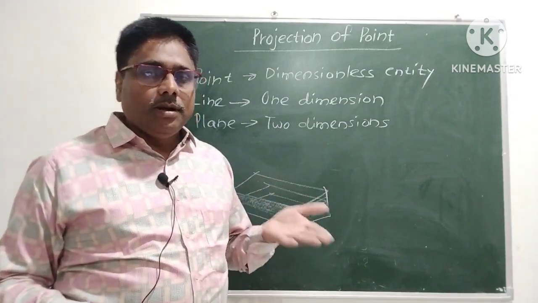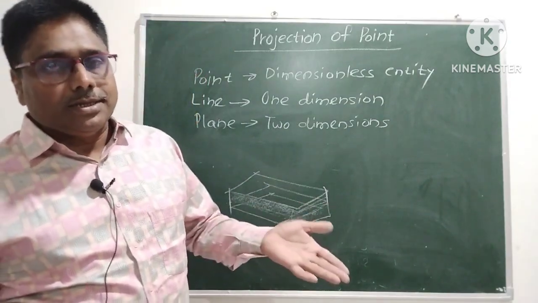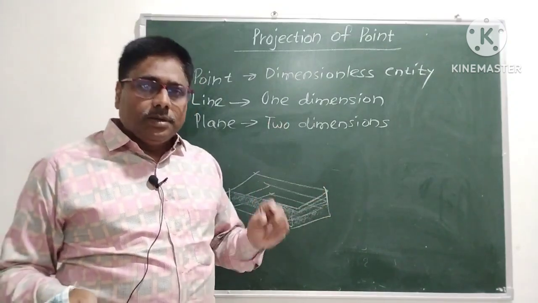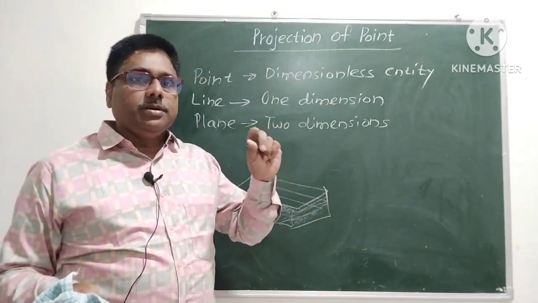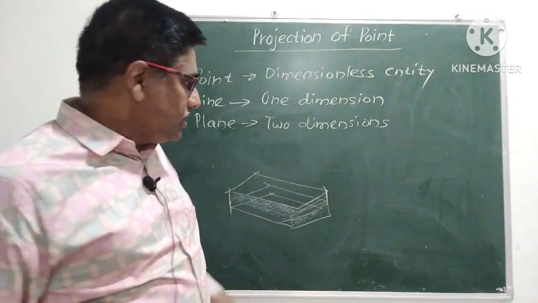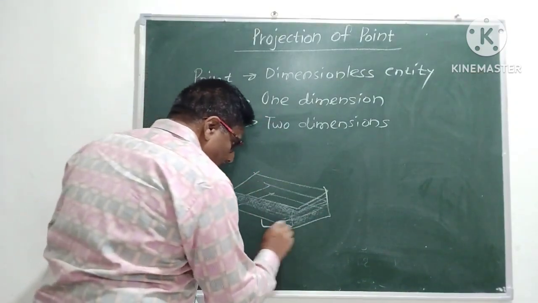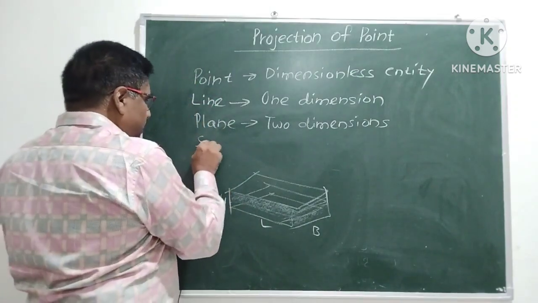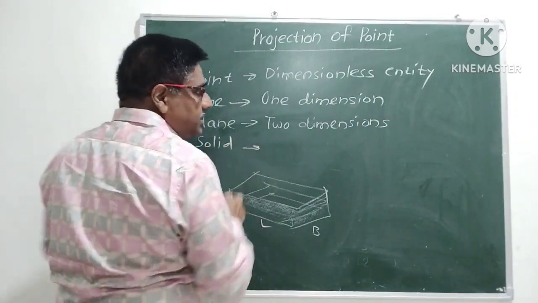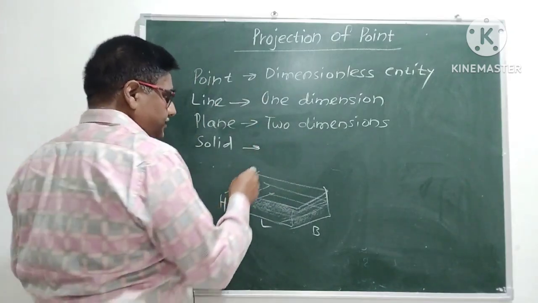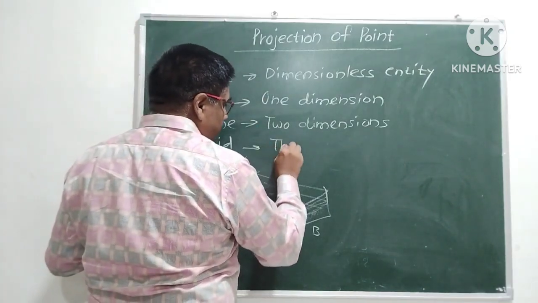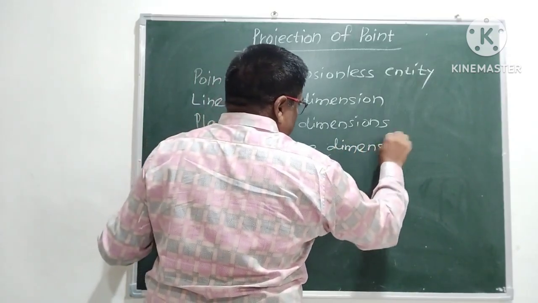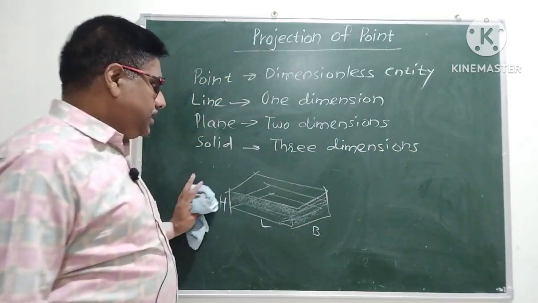One page you can consider as a plane, and a collection of a number of planes will give a three-dimensional book or notebook, which will have length, breadth, and height. What is a solid? It is a collection of infinite planes, and it has three dimensions.